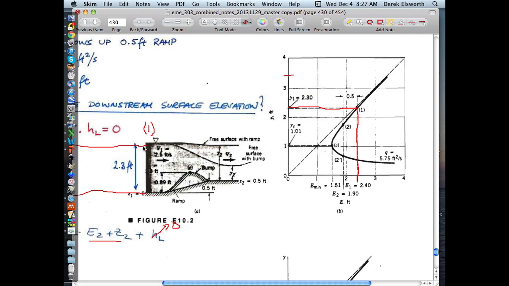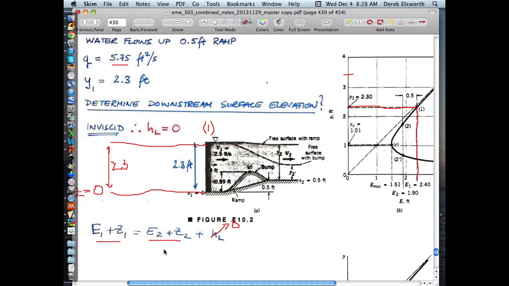But as we go past this point, we're going to look at two different scenarios. The first is where we have a ramp that comes up that raises the elevation by half a foot from the original datum to this. And so we know that when we do that, then the downstream behavior, this original Z1 at the upstream location is what?